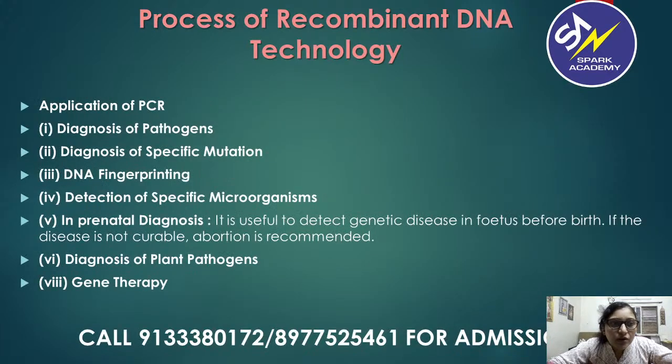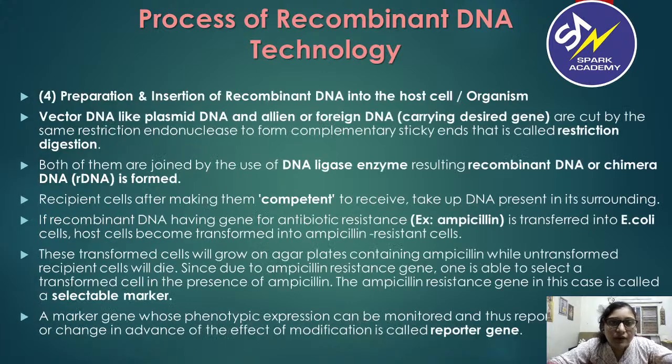Applications of PCR involve diagnosis of pathogen, diagnosis of specific mutation, DNA fingerprinting, detection of specific microorganisms, prenatal diagnosis, diagnosis of plant pathogen, and gene therapy. A lot of applications of PCR. Then preparation and insertion of recombinant DNA into the host cell, into the organism.